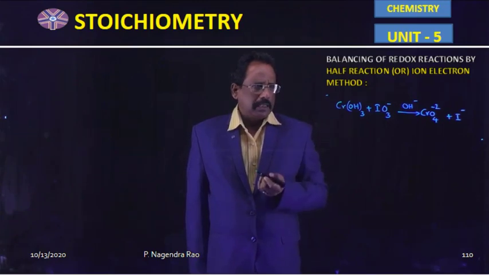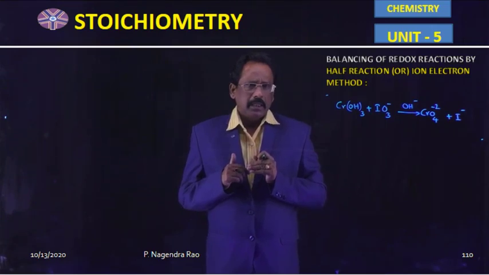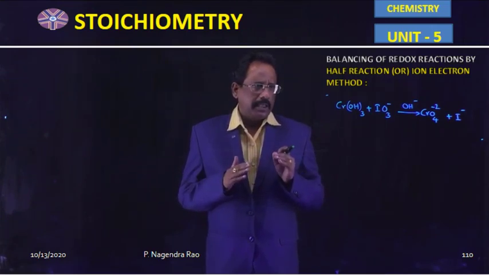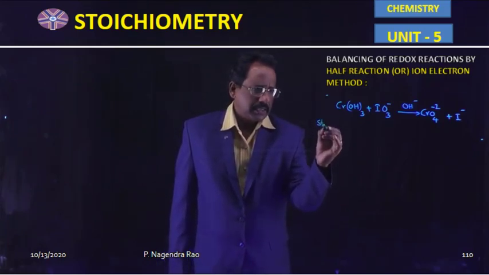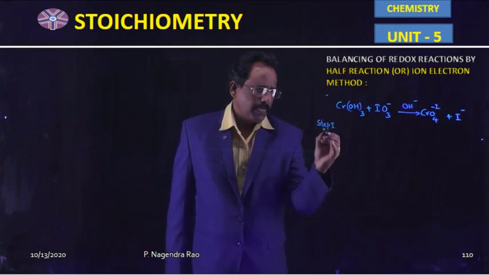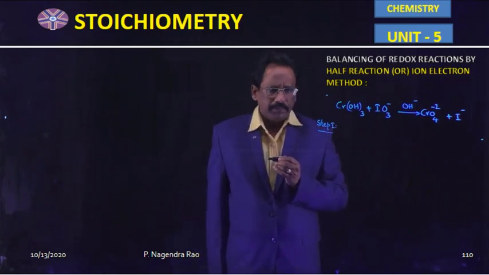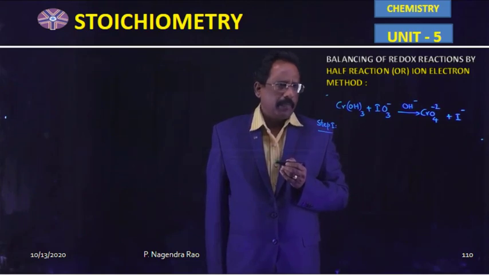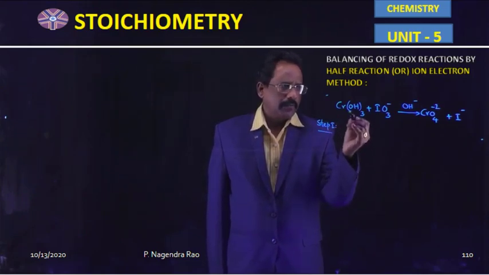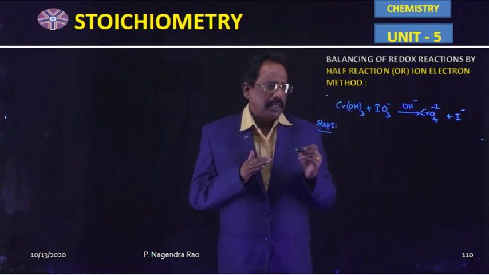If you want to balance this equation by using half reaction method or ion electron method, step number 1 is write the oxidation state of each element below its symbol. In any compound, OH radical charge is -1.